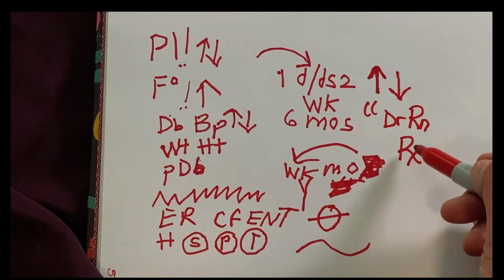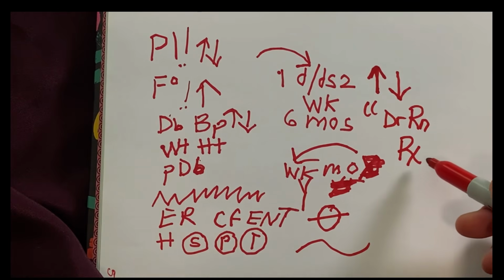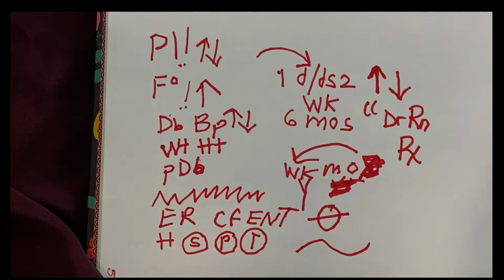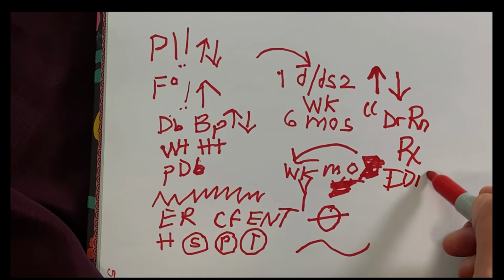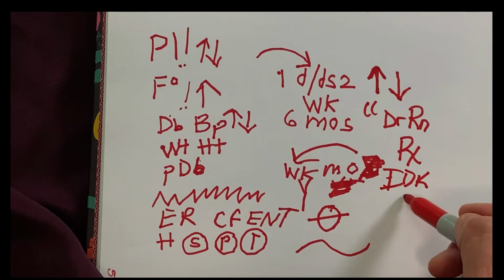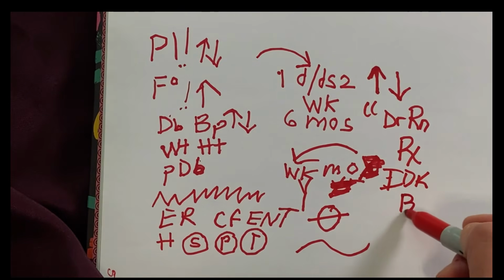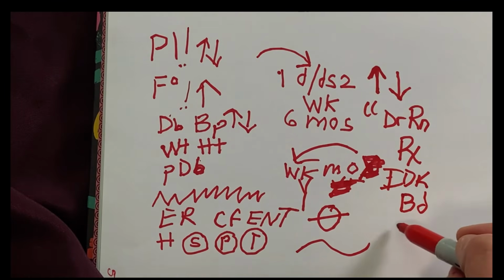Another well-known symbol, RX, for prescription, pharmacy, pharmacist. I also like to use abbreviations from texting, so I don't know. BD for blood. Yes, I know these are kind of random, but you get the idea.